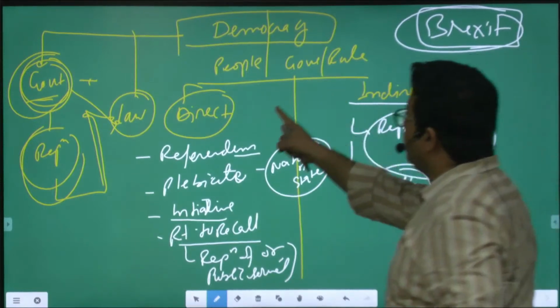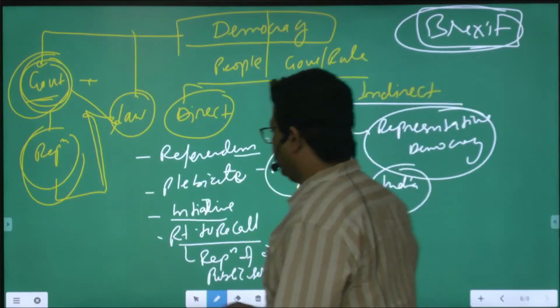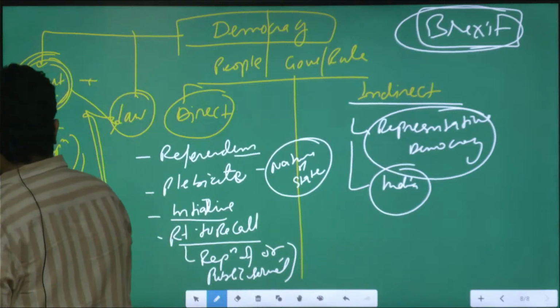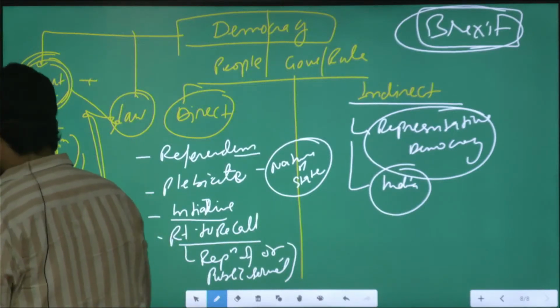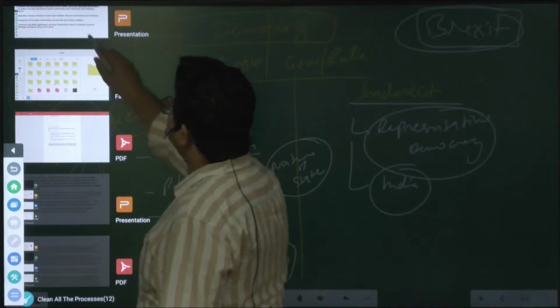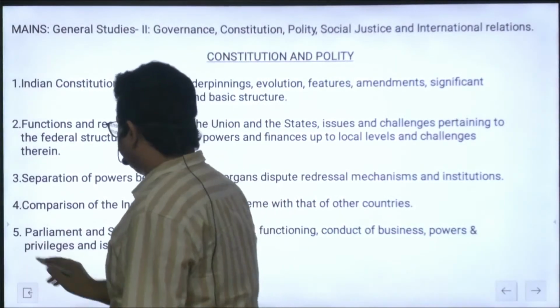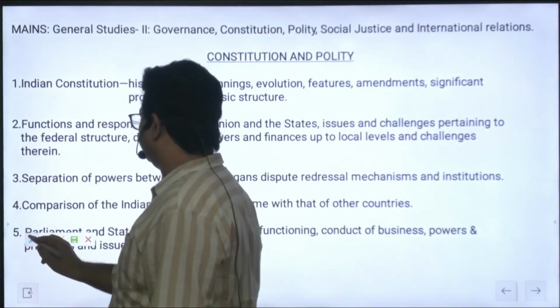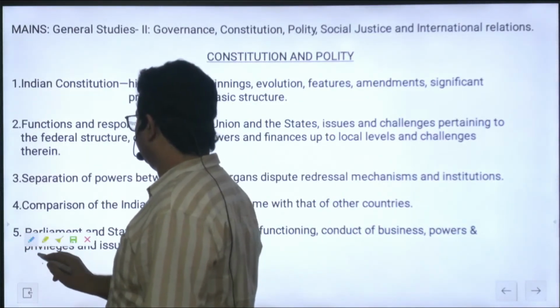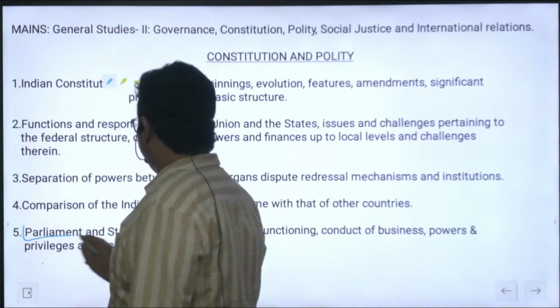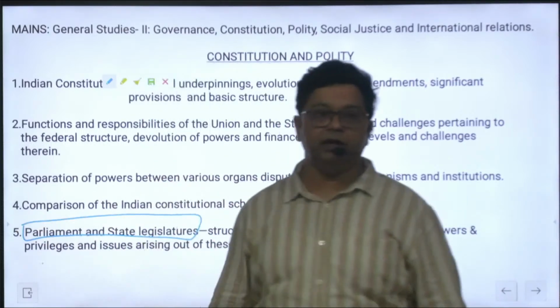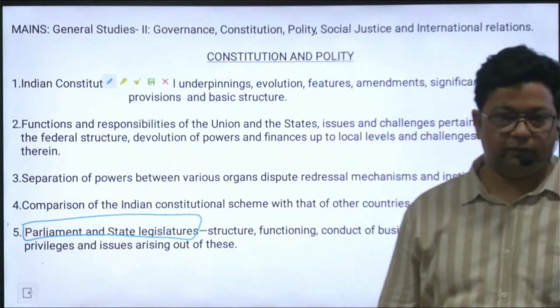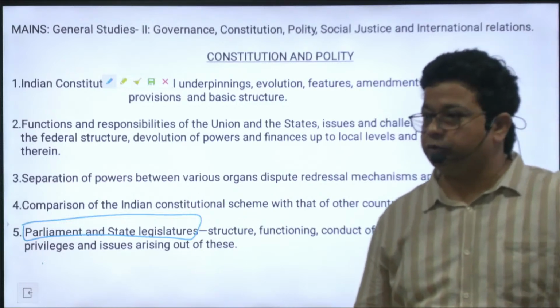So this form of democracy is equally advisable, where parliament and state legislature represent the views of their constituencies.